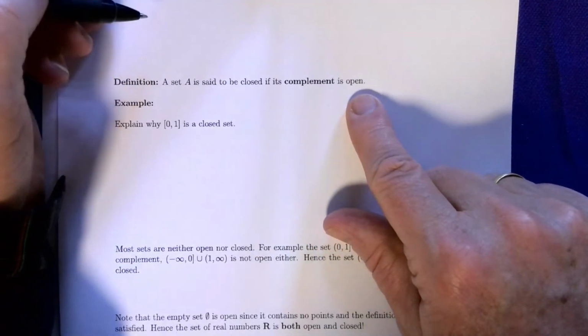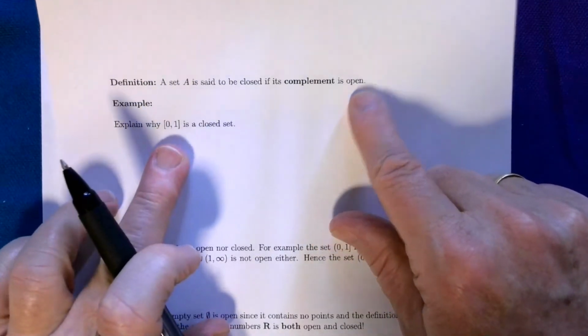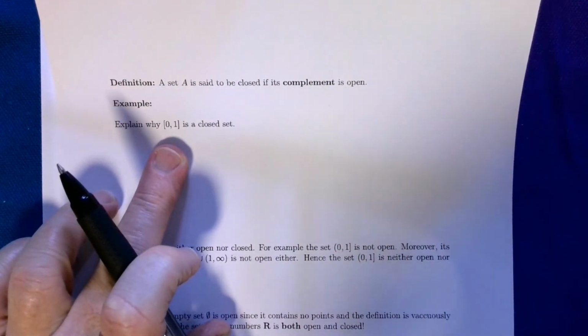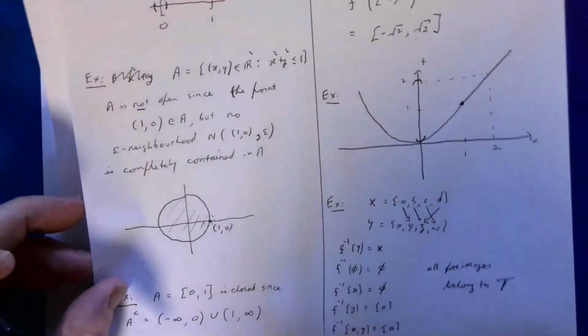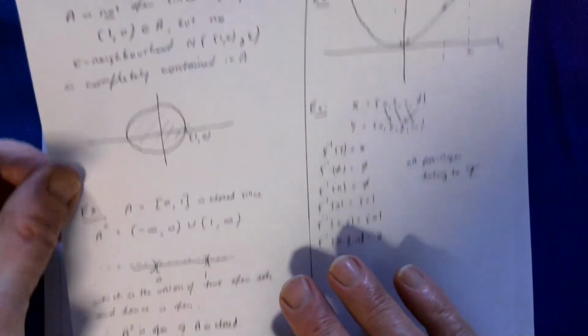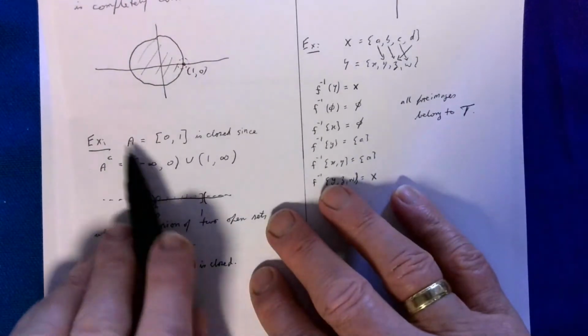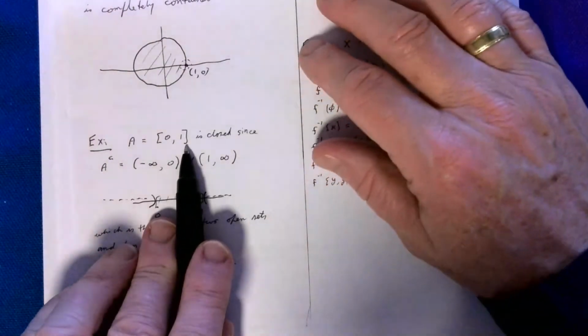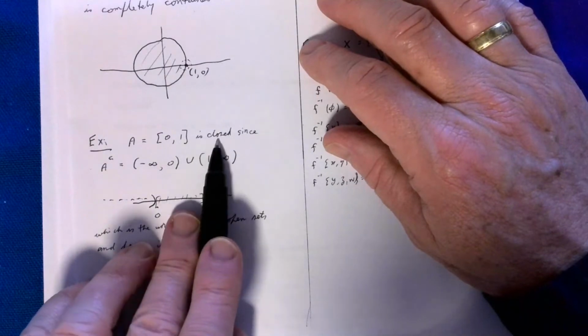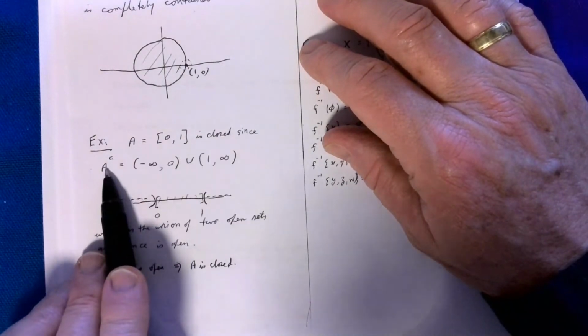So if we have a look and see an example, explain why the set 0, 1 is a closed set. So here's a little example of this, or solution to this here. So here's our set 0, 1 on the line, and I claim it's closed because I look at its complement.